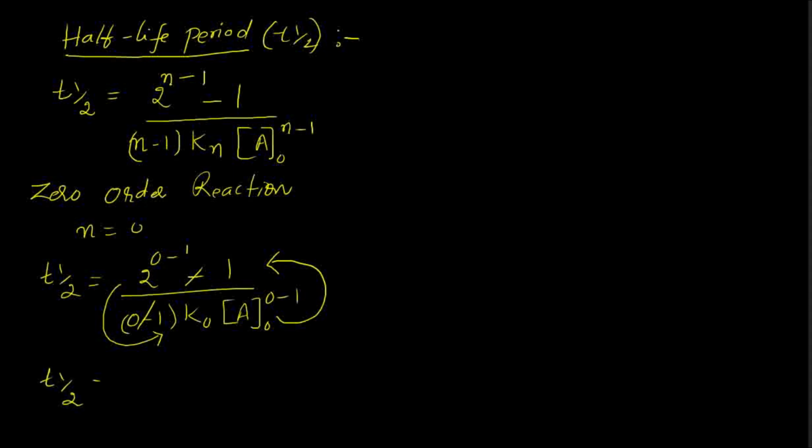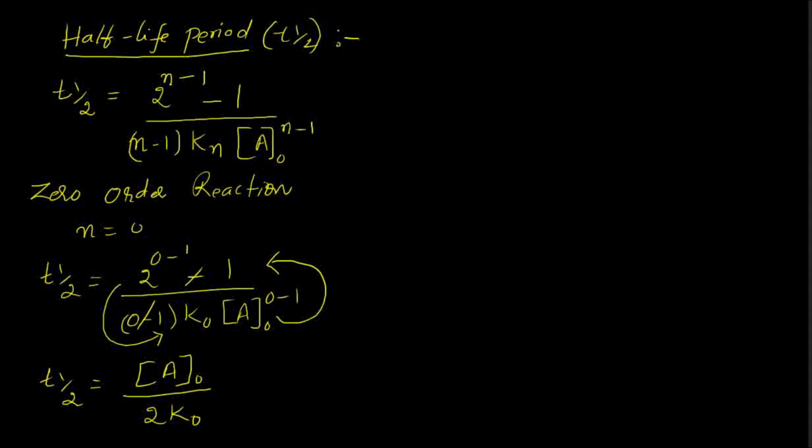Finally we get a naught by 2 k naught. This is the relation between half-life and initial concentration of the zero order reaction.